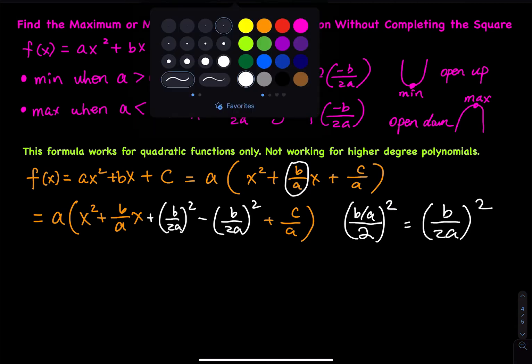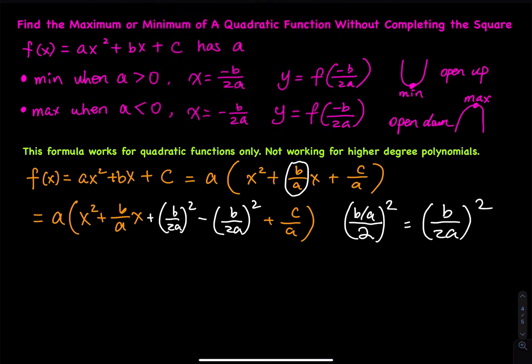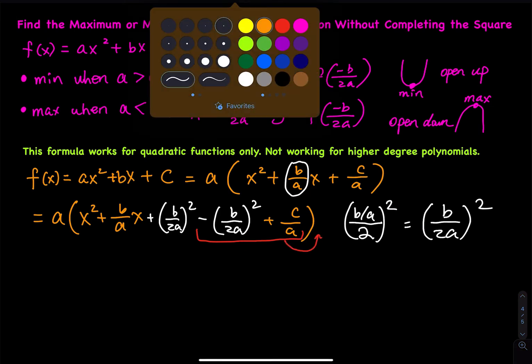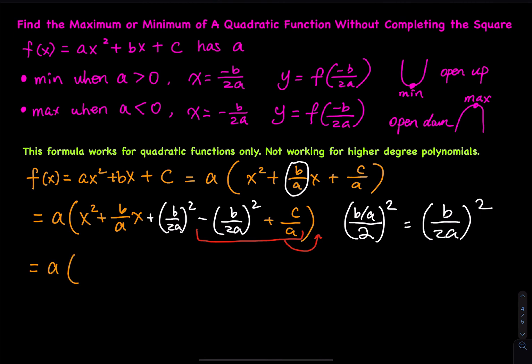I am going to bring these two pieces out of the parenthesis. So let's move on to the next line. The next line is, we have a times x squared plus b over a times x, and then plus b divided by 2a, squared, and then we close parenthesis.